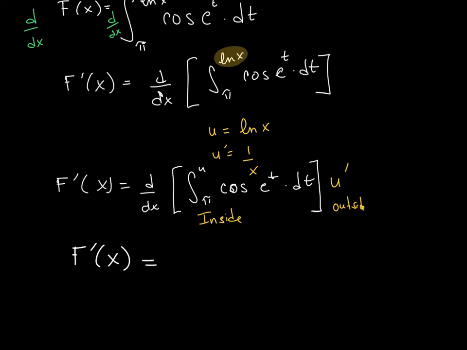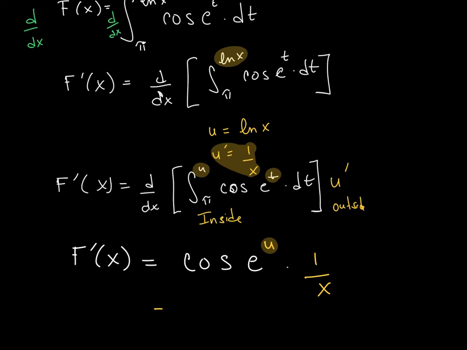So we now have that f prime of x is the function itself with respect to x. So now this becomes the cosine of e to the u, and that is because we are replacing the t with our variable of our upper limit, times 1 over x, and again that is because u prime is equal to 1 over x.